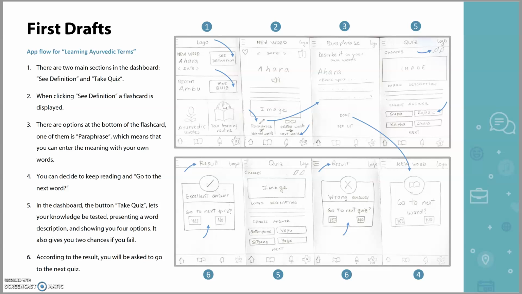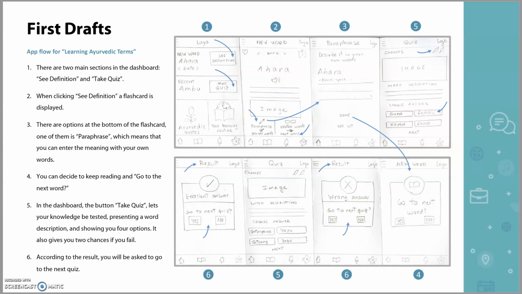There is an image, and under it 4 different options. One of the main options is paraphrase. That lets the user enter the definition with their own words. Once it's done, the customer or user can go to the next word.